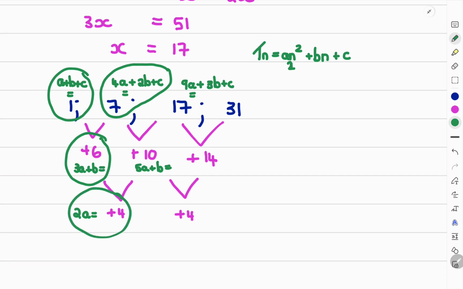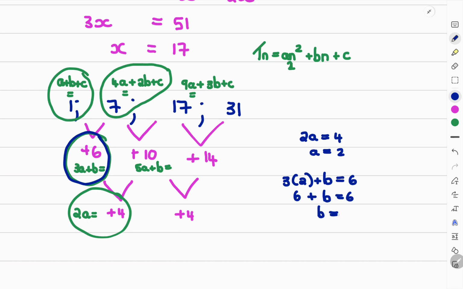Sorry, I'm going quite fast, but if you want to refer back, please look at the first video where I explain it very nicely and slowly. So 2a is always equal to your second constant difference, so a is going to be 2. Then I'm going to plug it in over here, and 3 times 2 plus b is equal to 6. So 6 plus b is equal to 6.